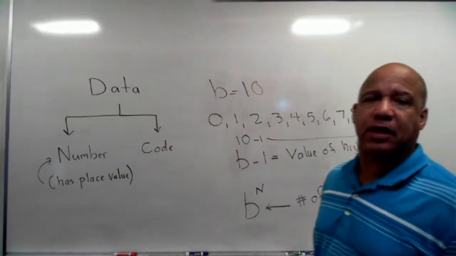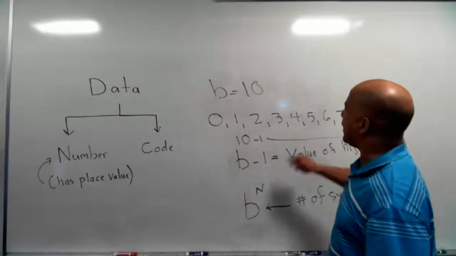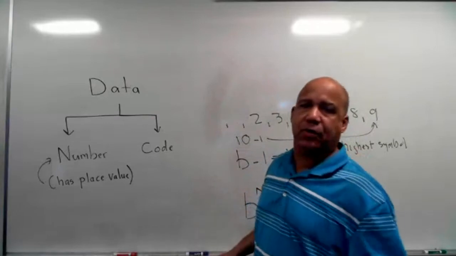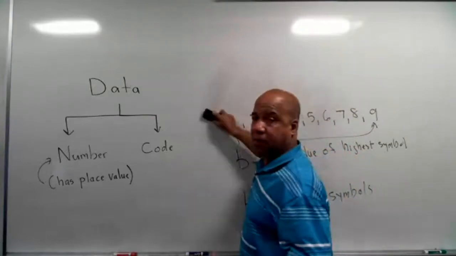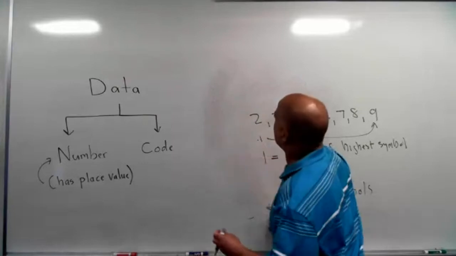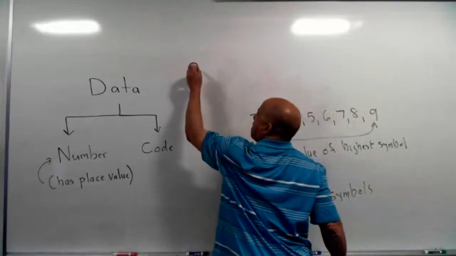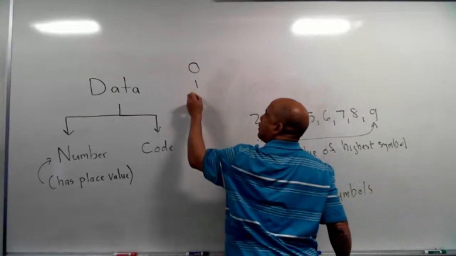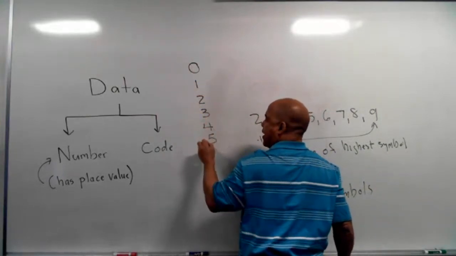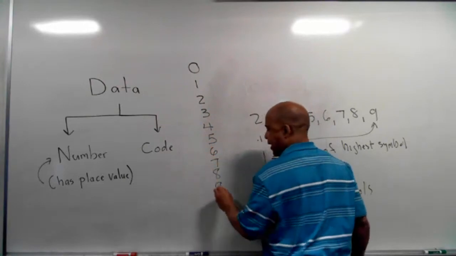Now let's talk about counting. When I count with these symbols in a particular base, normally I start counting with 0, and remember, in digital systems we start counting with 0. So I go 0, 1, 2, 3, 4, 5, 6, 7, 8, 9.